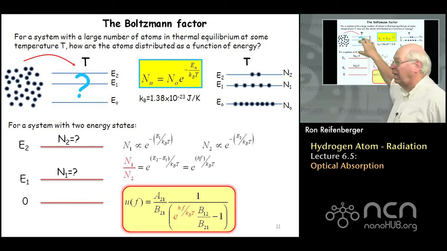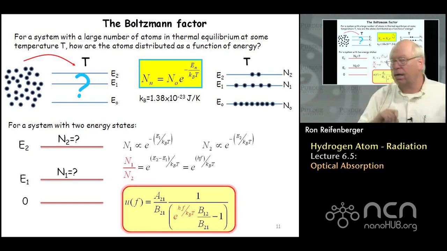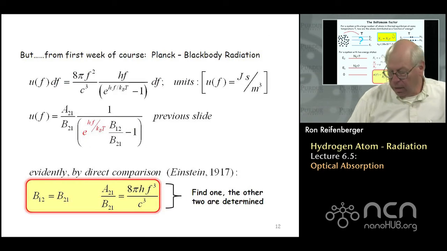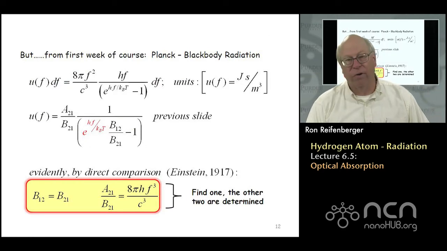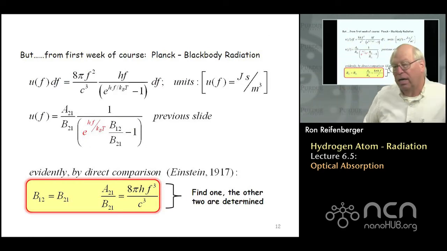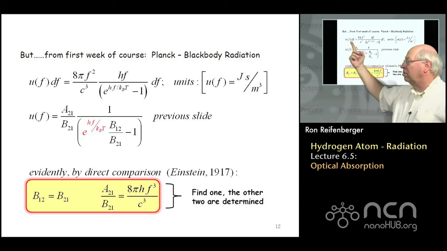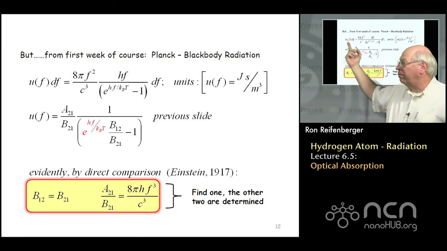So the temperature T has to be expressed in Kelvin for you to do this calculation. Now something very interesting happens, because if you recall from the first week of the course, in 1900 Planck says, oh, I can explain the blackbody radiation if I assume that the energy density U of f is given by this complicated equation.